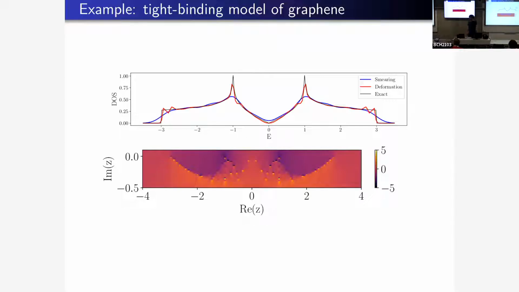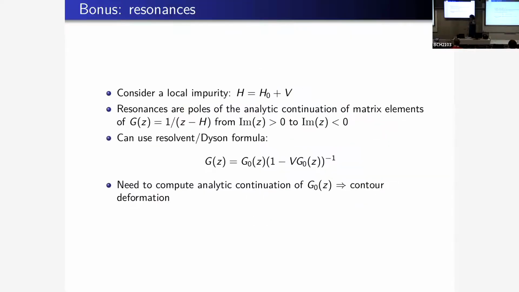Another thing you can do is find resonances. I'm not going to go into details, because it might not be interesting. Basically, resonances are poles of the analytic continuation of the Green function. They generalize bound states, they have finite lifetimes, and they are interesting for a number of applications.